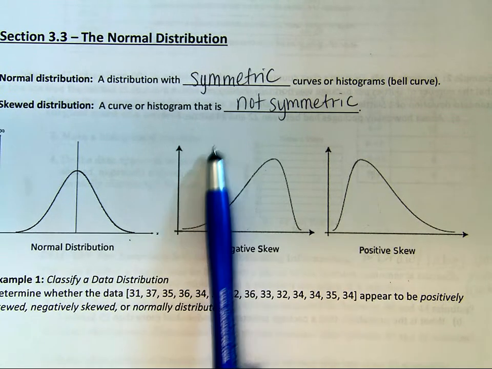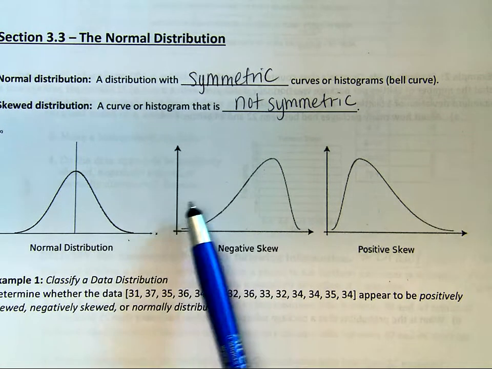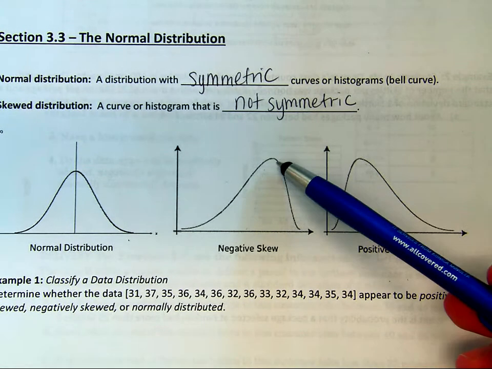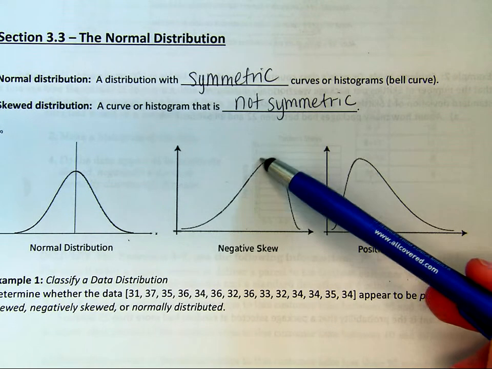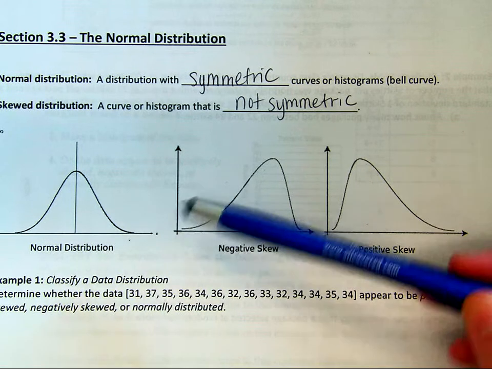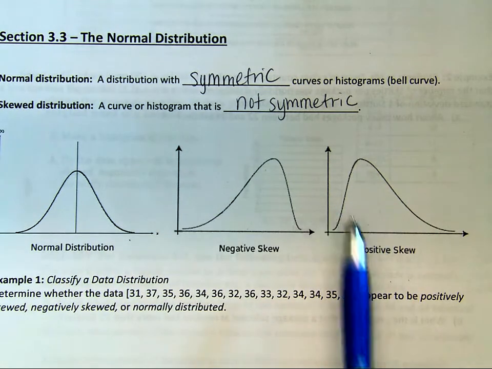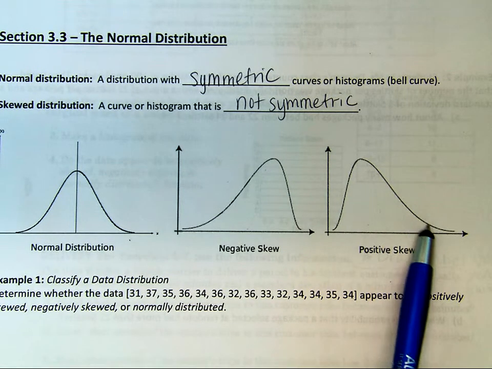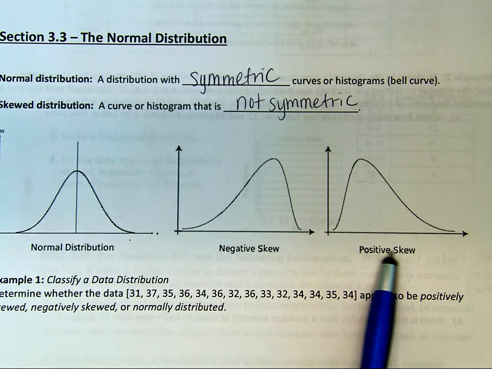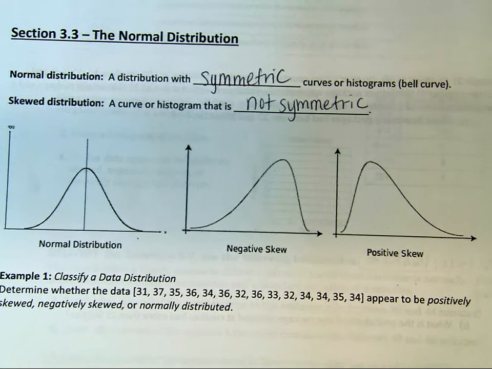As you can see, if we were to fold this graph in half, it would not be symmetric. The way I like to remember it, for negatively skewed, if you were to sled down a hill like this, you'd be going towards the negative x direction. If you were to sled down this hill, you'd be going towards the positive x direction. So it is positively skewed.